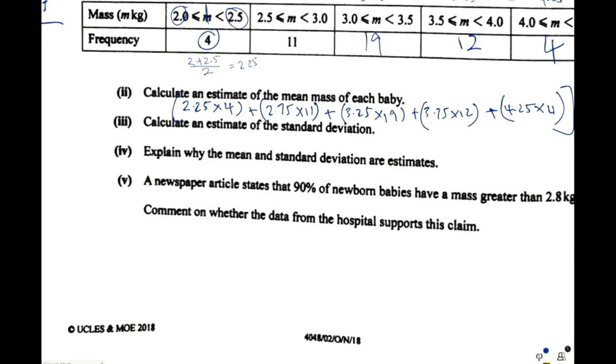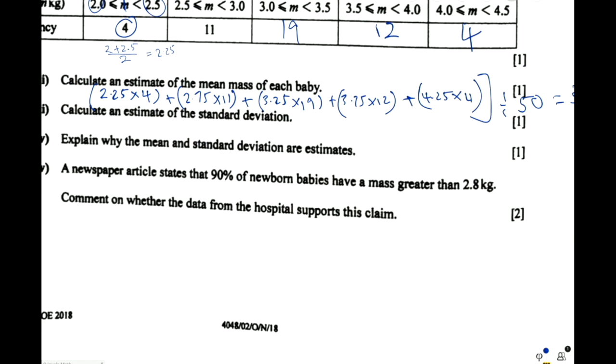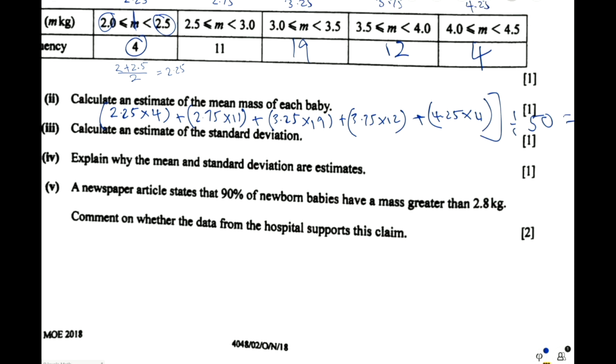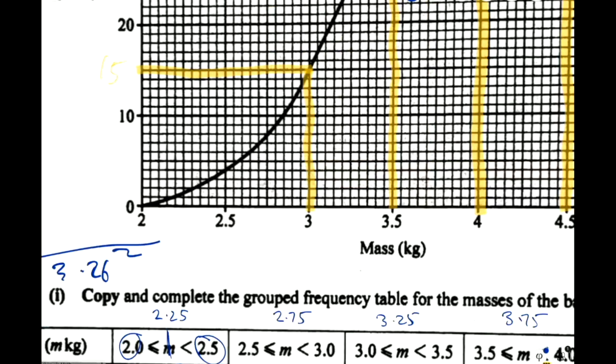So anyway, let's continue. The newspaper article says that 90% have a greater mass than 2.8. Does the data support this claim? Now, we need to find 2.8 kilogram first. So where's 2.8 kilogram? Let's mark it out. 2.5, 2.6, 2.7, 2.8.